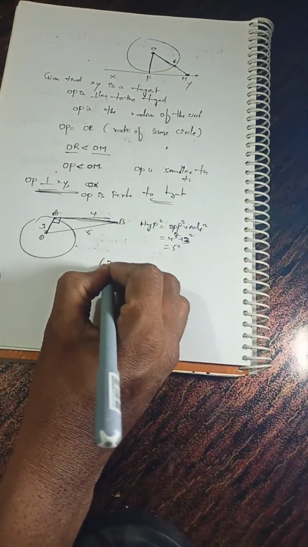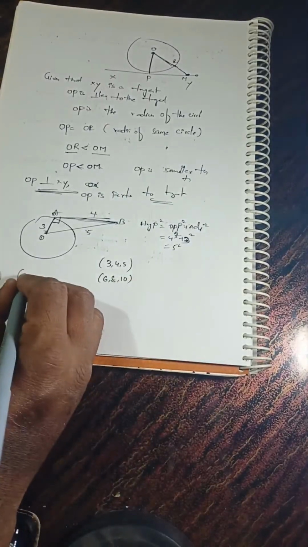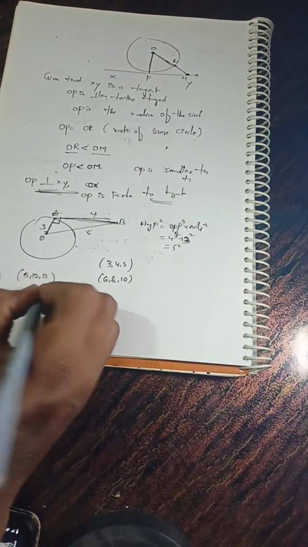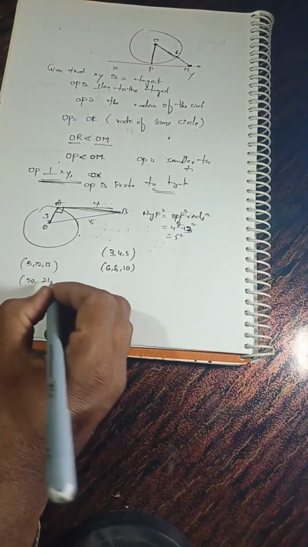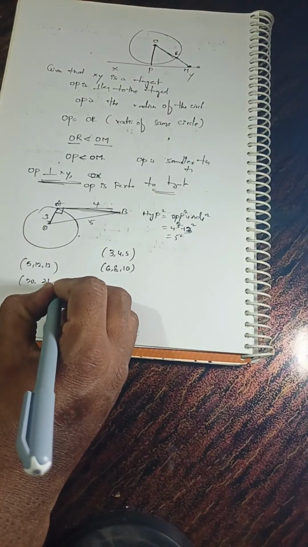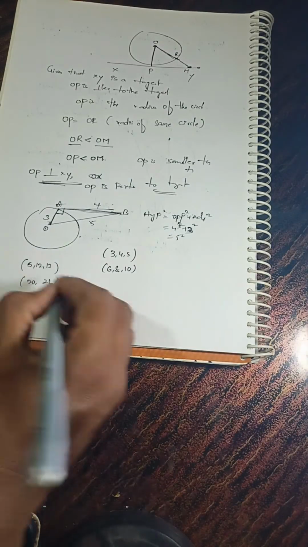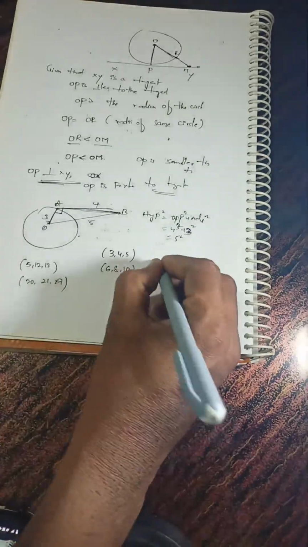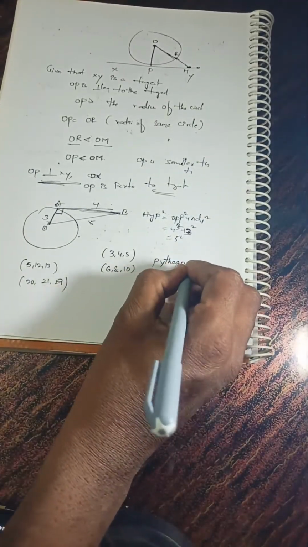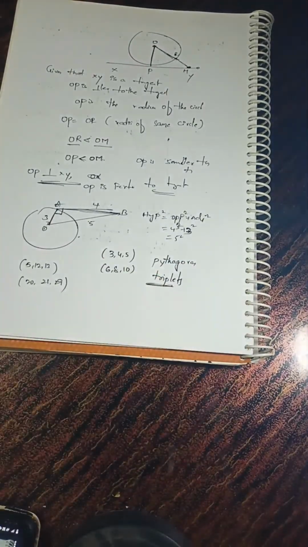Triplets I am writing. 3, 4, 5 is a triplet. 6, 8, 10 is a triplet. 5, 12, 13 is a triplet. 20, 21, 29, since 400 plus 441 is 841, which is 29 squared. Like this. These are the Pythagoras triplets which you can write directly.